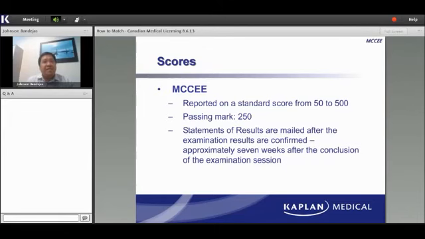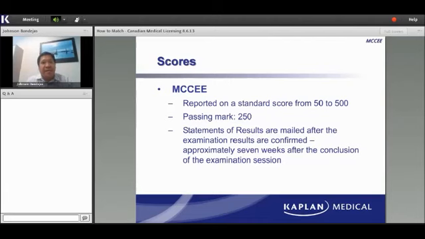So, the MCEE scores can be interpreted in relation to the mean score. A score of about 371 is about 2 standard deviations from the mean, whereas a score of, let's say, 321 is 1 standard deviation away from the mean. So you could use the distance from the mean in comparison with other candidates.